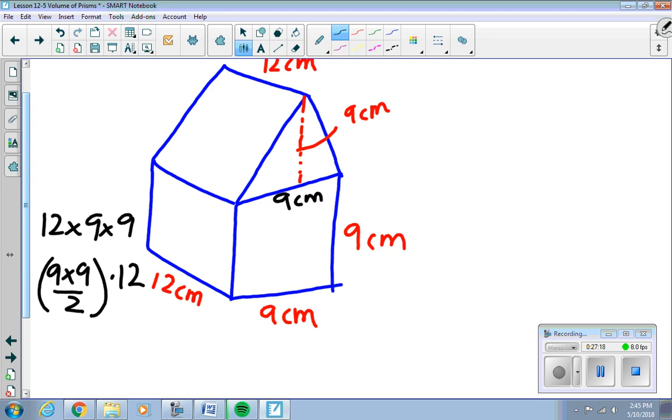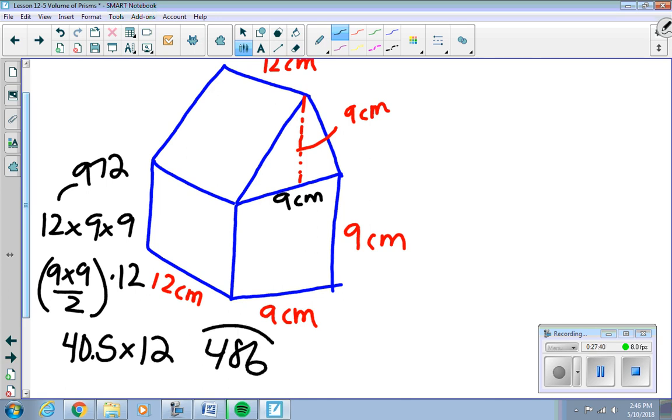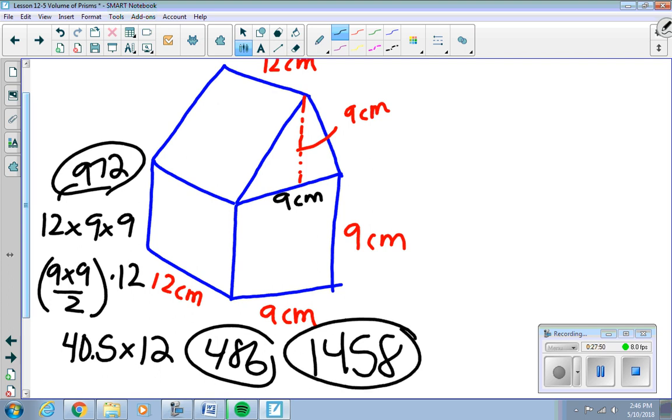So 12 times 9 times 9. This one's 972. This one would be 9 times 9, oops, this is 40.5 times 12. 486. I'm going to take this, and I'm going to take this one. 972 plus 486 is 1,458. Should be the answer.